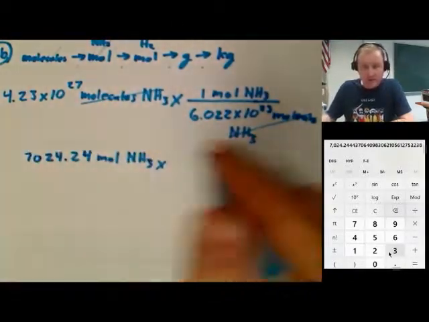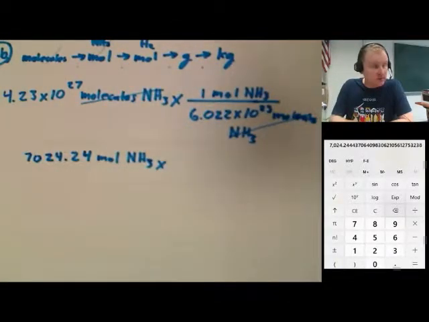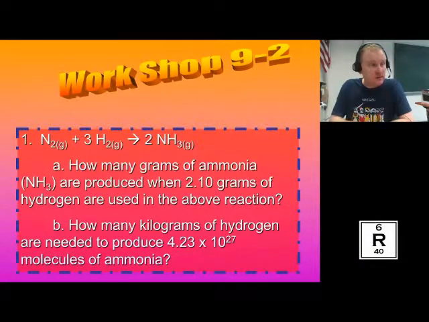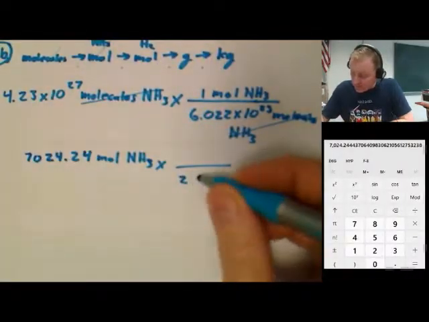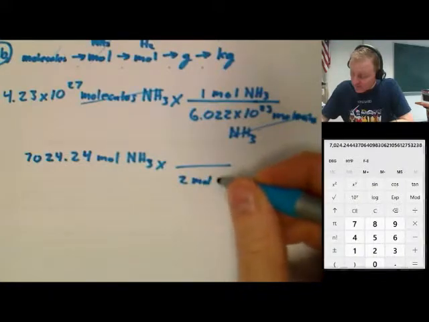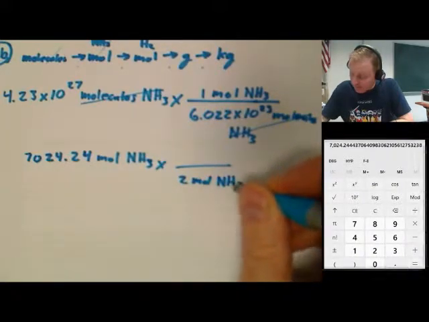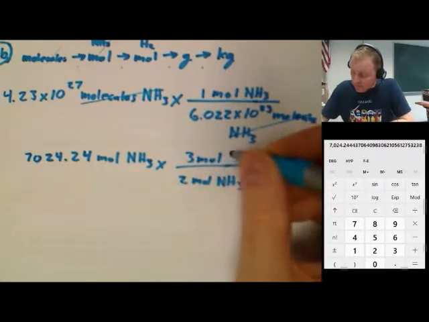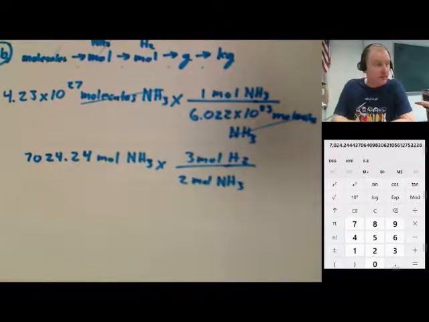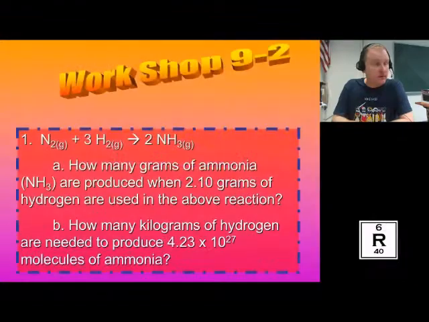And I know from my balanced equation that the relationship from ammonia to hydrogen is a 2 to 3 ratio. So for every, this is where I messed up in the last video, 2 moles of ammonia, there are 3 moles of hydrogen. You can see that again: for every 2 moles of ammonia, there are 3 moles of hydrogen.